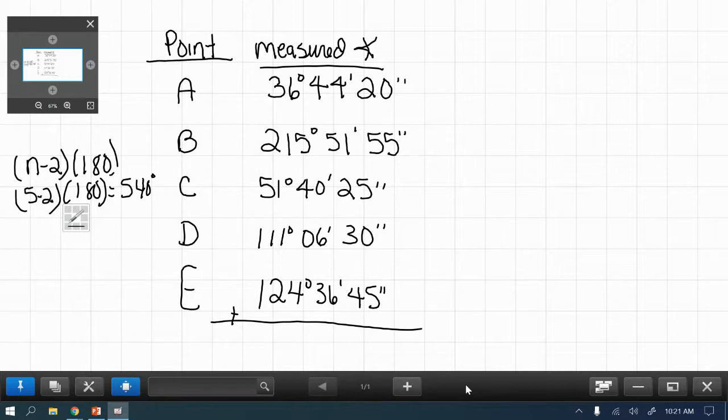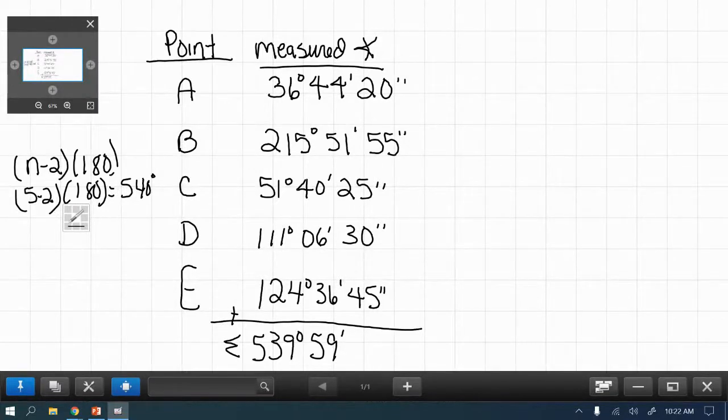Okay, so it would be 539, but I got a different amount of seconds. How many seconds did you say? 55. All right, somebody else get a second? I got 55 as well. Okay.